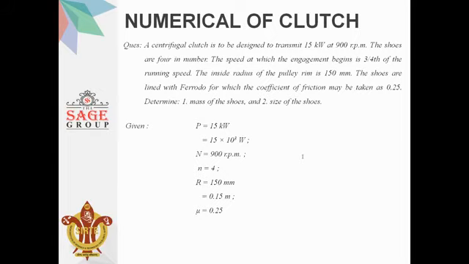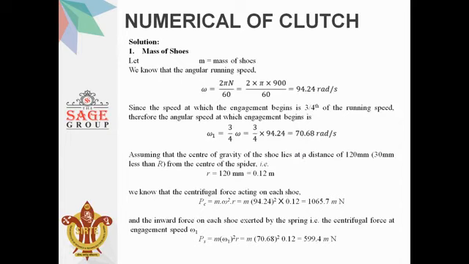So these values are given over here. Now first we will identify the mass of the shoe. Let small m be the mass of the shoe. We know that the angular running speed omega is equal to 2 pi N upon 60.